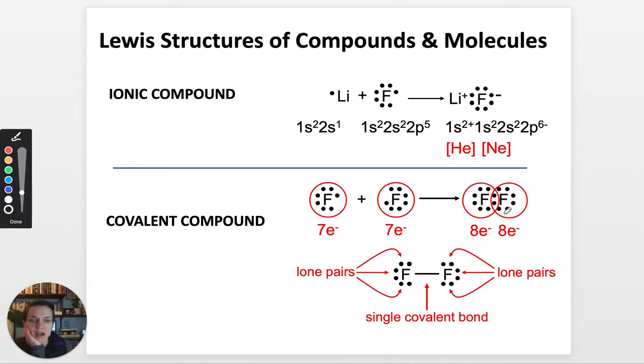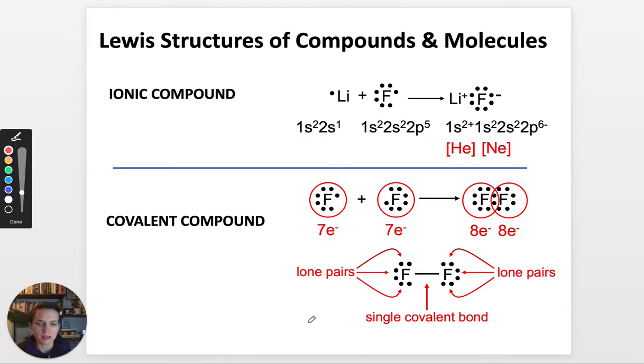So when they bond, notice we have that sharing of our electrons here. What's really important about that is that those 2 electrons are going to count as 2 electrons for each of the atoms that they're being shared by. How we represent that, it's not actually represented this way. This is just an illustration. But this is how we would draw the Lewis structure for fluorine.